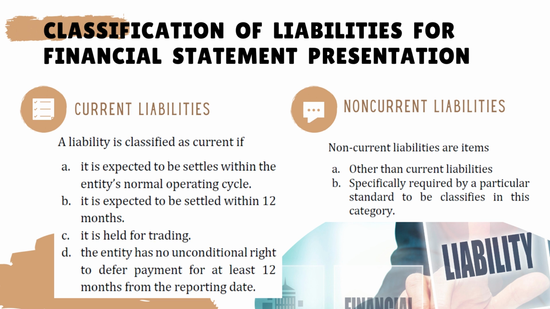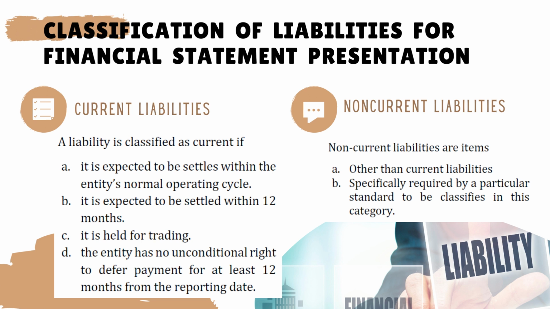So, it is to be resold. Next, the entity has no unconditional right to defer payment for at least 12 months from the reporting date. Meaning, it can no longer be extended for more than 12 months.